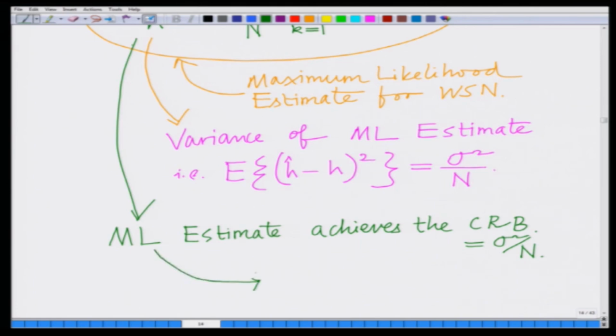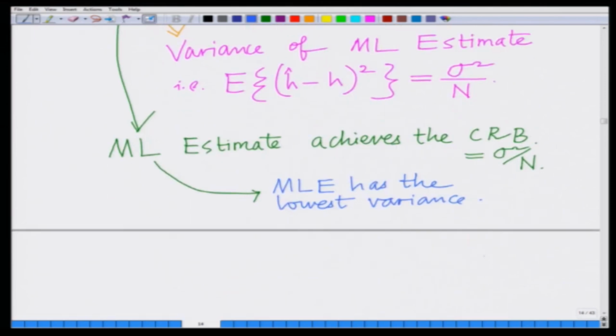Therefore, the ML estimate, also abbreviated as MLE, has the lowest variance for any unbiased estimator, and such an estimator is said to be efficient.